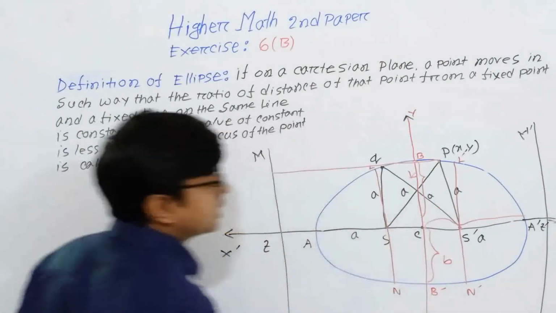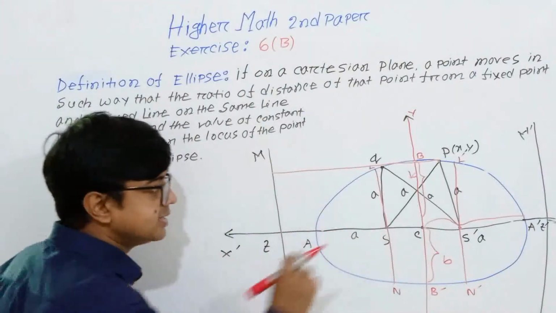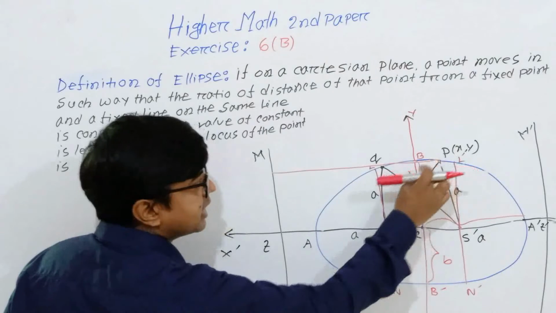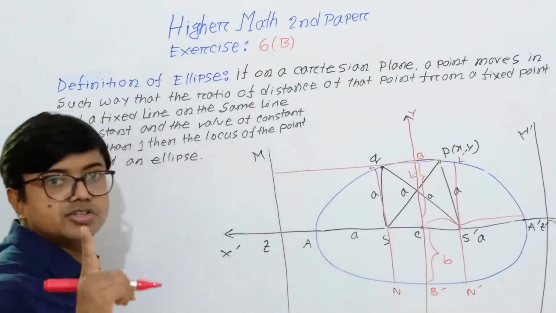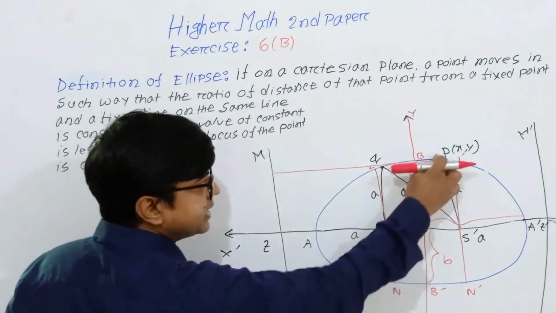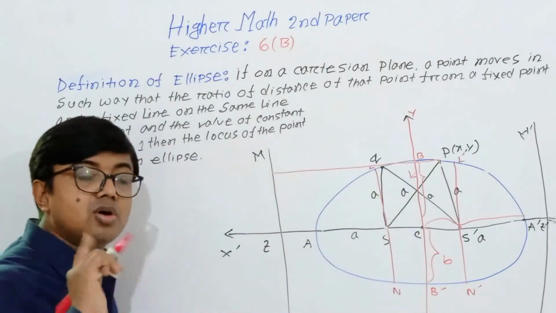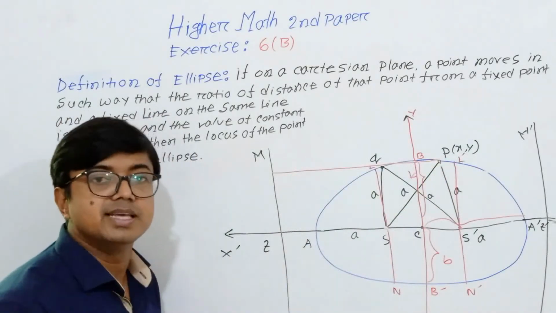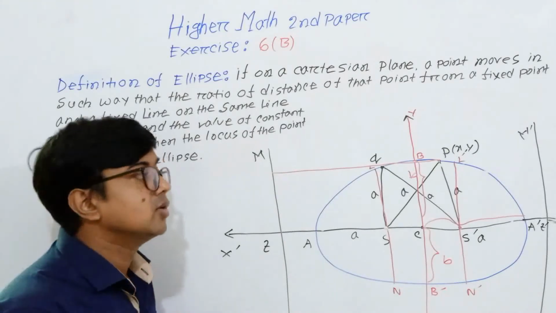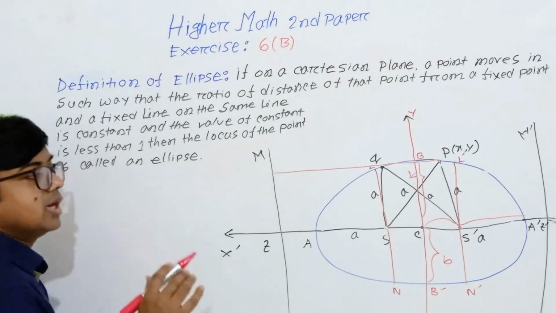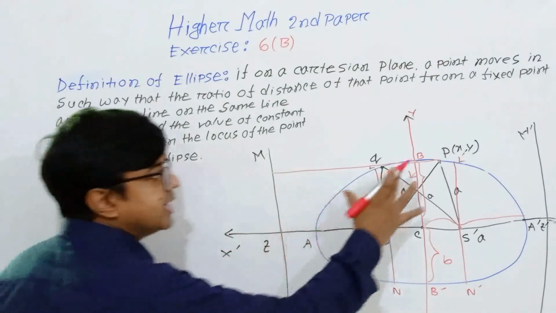And now the ratio of SP and PM is constant. The value of the constant is always less than 1. Then the locus of the point is called an ellipse.